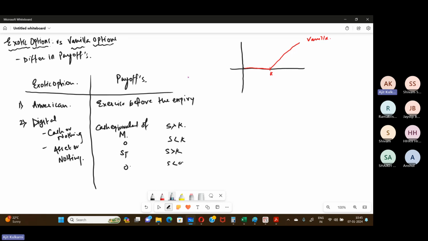And the digital option is 0 until the strike, then it suddenly jumps to a value of whatever is agreed, let us say M, and thereafter it remains constant. So this is the example of a digital option, the second kind of exotic option.